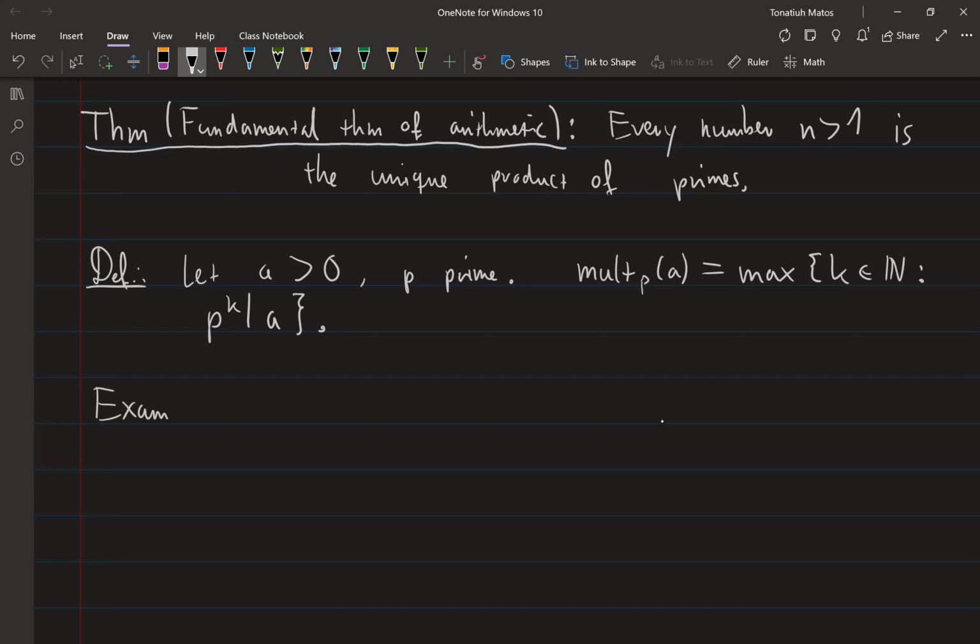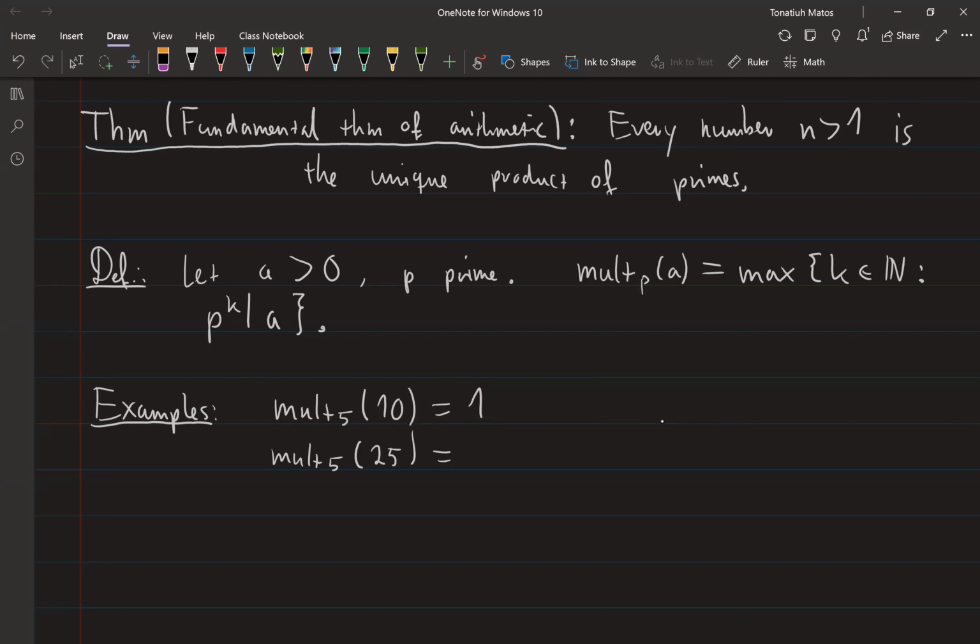Okay, examples. So this is called the multiplicity. It is the answer to the question, how many times does this prime number divide this integer? So the multiplicity sub 5 of the number 10. How many times does 5 divide 10? Well, just 1, because 10 is 5 times 2, so there's only one 5 there, right? On the other hand, what's the multiplicity of 25?